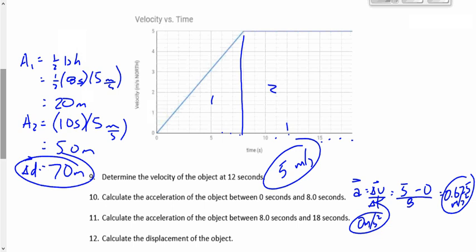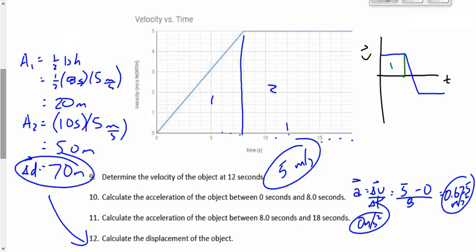Here's one for you. Just a quick little aside here. What if the graph looked like this? This is velocity on the y-axis, time on the x-axis. And you had a graph that looked like this. You would find an area right here, area 1, an area right here, 2, this one, 3, and this one, 4.